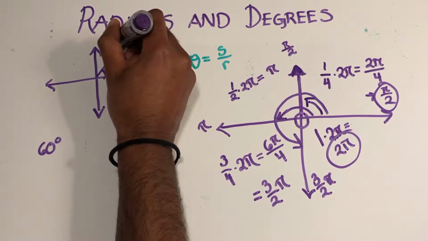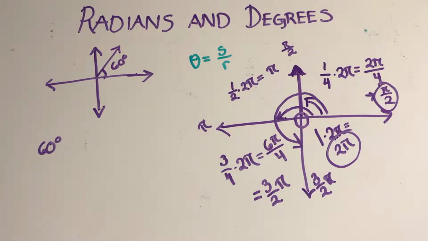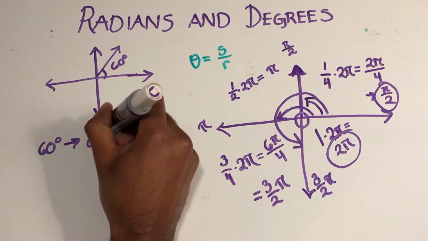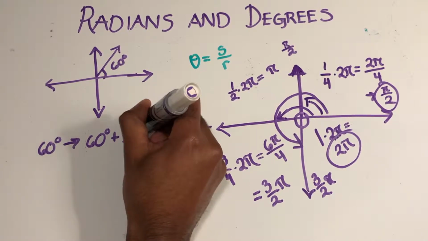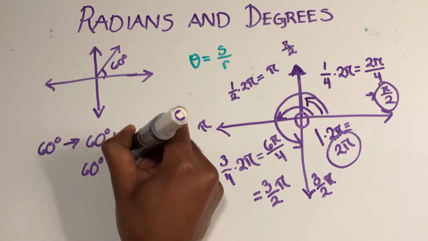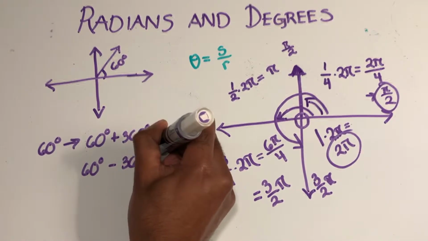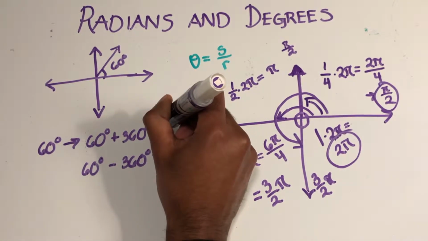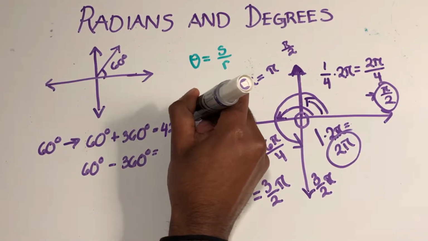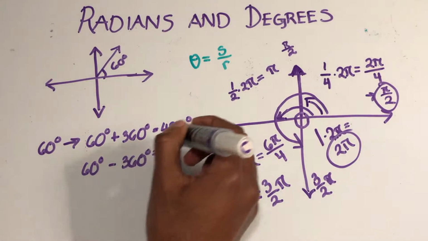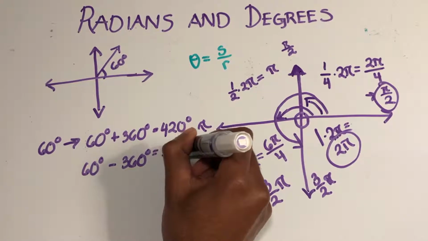If you were to find 2 coterminal angles for 60 degrees, you would need to add 360 degrees and subtract 360 degrees from 60 degrees. So 60 degrees plus 360 degrees is going to give you 420 degrees. 60 degrees minus 360 degrees is going to give you negative 300 degrees.